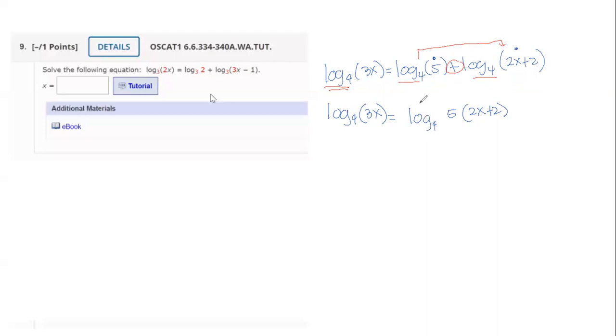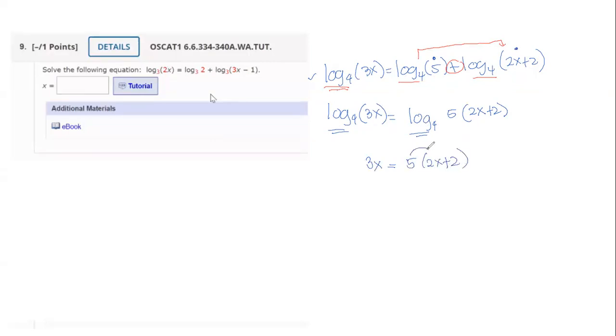Now, really what we want is to solve for x. So in the first problem, you had 2 logs, and now you have one log. Therefore that means your arguments must be equal. So we can now say 3x equals 5(2x plus 2).